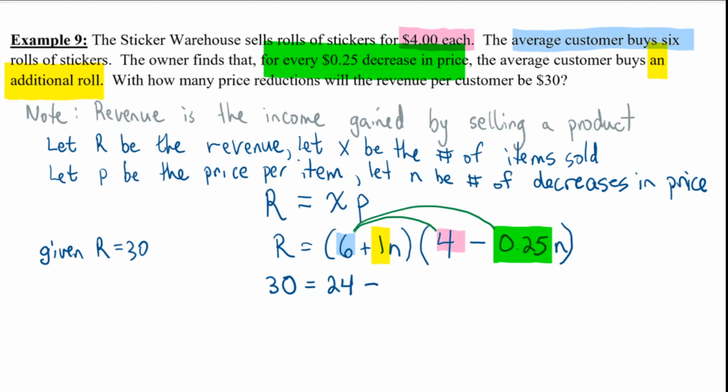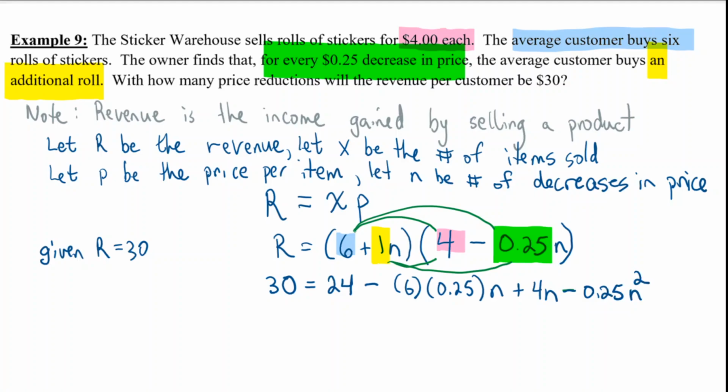So we got 6 times 0.25n. And then we've got 1n times 4, which is 4n. And then we have 1n times the negative 0.25n. So 1n times negative 0.25n is going to give you our 0.25n squared.